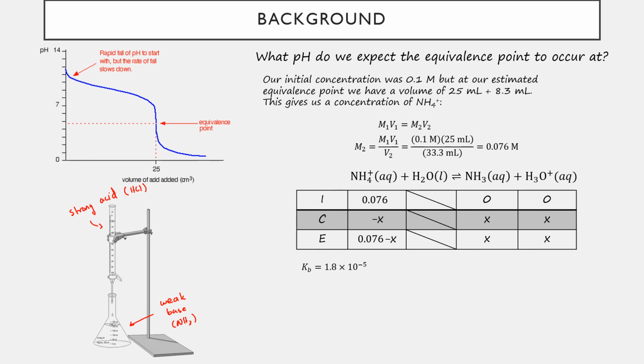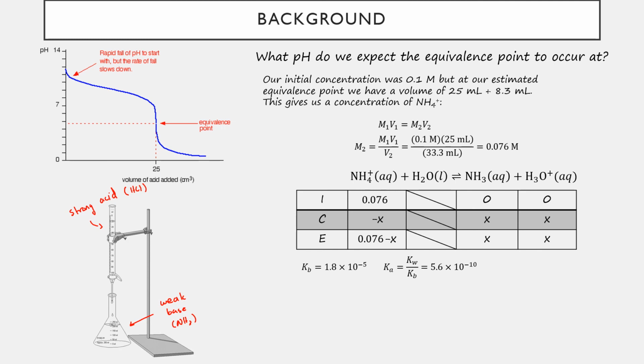Typically, when you do one of these problems, you will be given the base dissociation constant, Kb, for NH3. What we need in order to figure out this particular problem is the Ka, or the acid dissociation constant, for NH4 plus, so we have to relate those two.